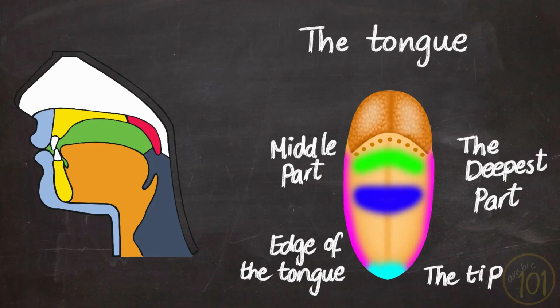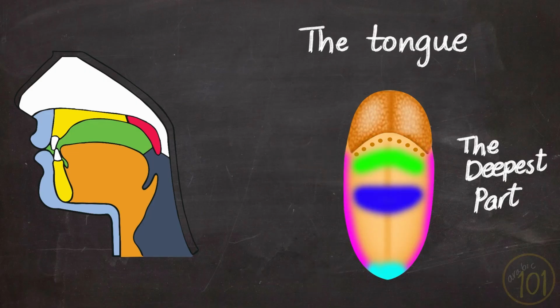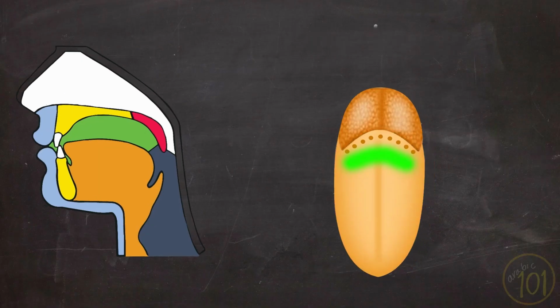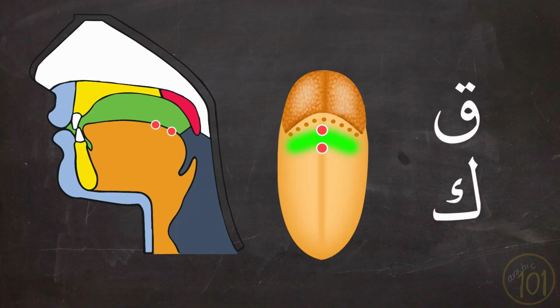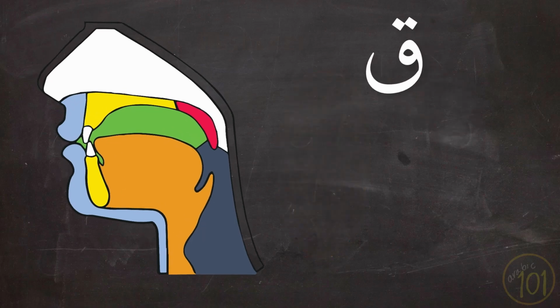In this lesson, we'll start with the deepest part. This part of the tongue produces 2 sounds for 2 letters, qaf and kaf, which are produced from 2 articulation points from that area. So let's start with qaf.